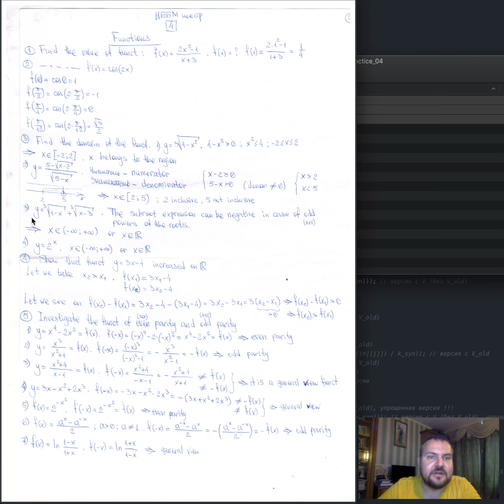The third, y is equal to the cube root of 1 minus x plus the cube root of x minus 3.